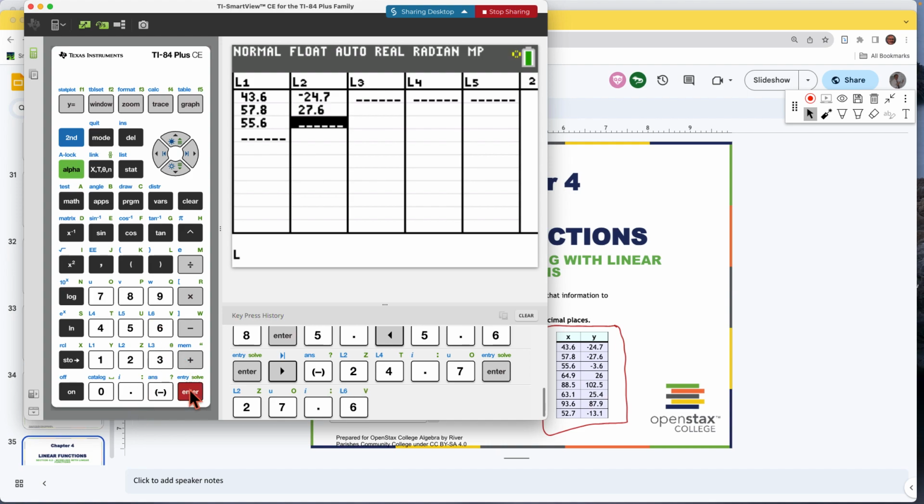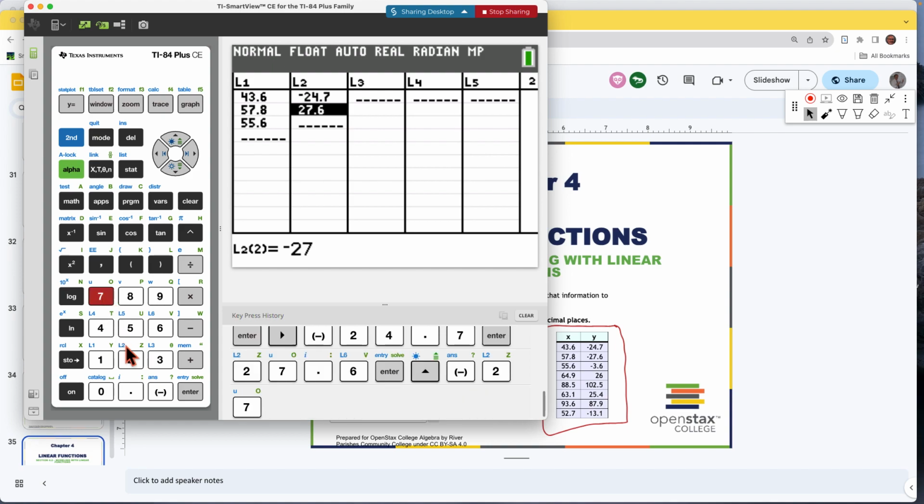0.6. And oops, that was negative. It's supposed to be negative. We're almost there, but I do want this recorded because I'm going to show you a few tricks. Negative 3.6.